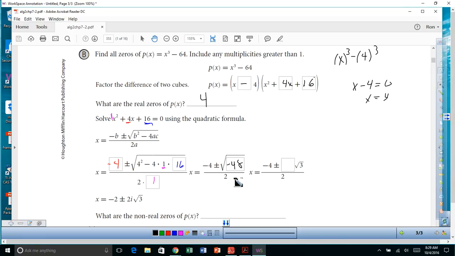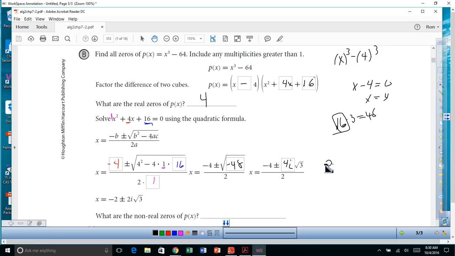Negative 48. Well, are there any perfect squares in 48? 16 times 3 is 48, and 16 is a perfect square. So the square root of 16 is 4. And you had a negative there, so bring the i out. You get negative 4 plus or minus 4i times the square root of 3, over 2. And if you look, you have a 2 in the denominator, and the terms in the numerator have a 2 in them.